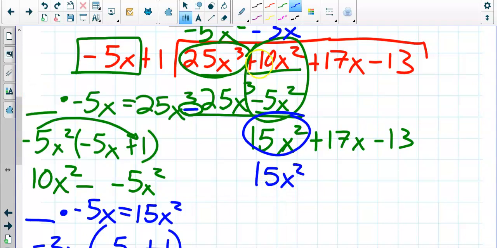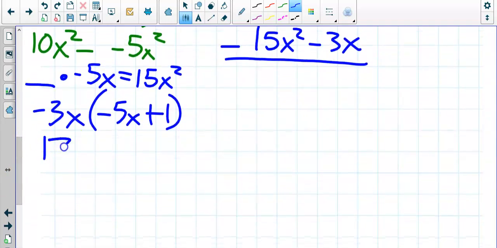And then what's negative 3x times the 1? Any questions so far about where that came from? We took our value right here that we just found, and we distributed through. And now what do we do? Subtract down. What's going to happen to the x squareds? Gone, which we knew would happen. And I'm going to write out what we have over here.